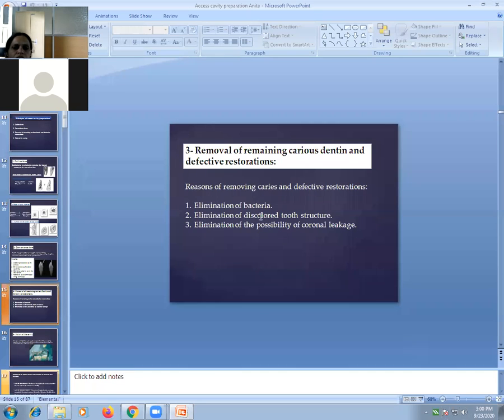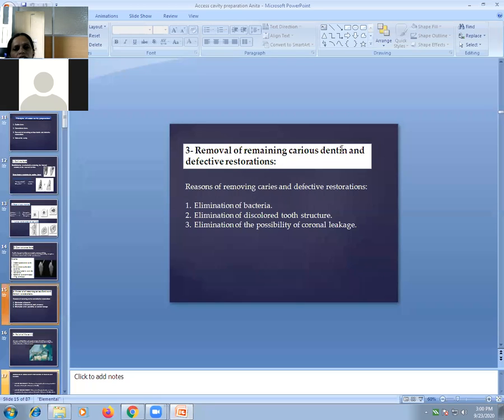And the third principle is the removal of remaining carious dentin and defective restoration. So why do we do the removal of remaining carious dentin? See, this carious dentin consists of bacteria, it consists of toxins. By removing this carious dentin, we remove the bacteria, we remove the toxins, and one more thing we have to remove is defective restoration.